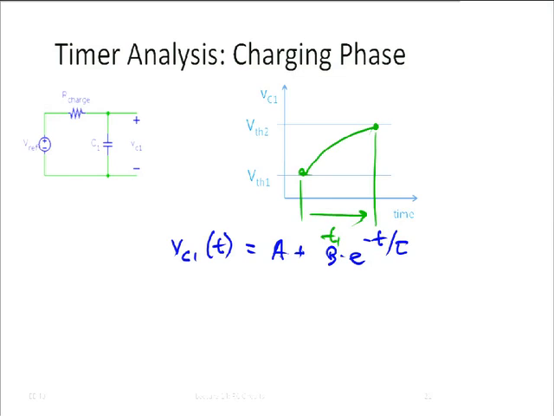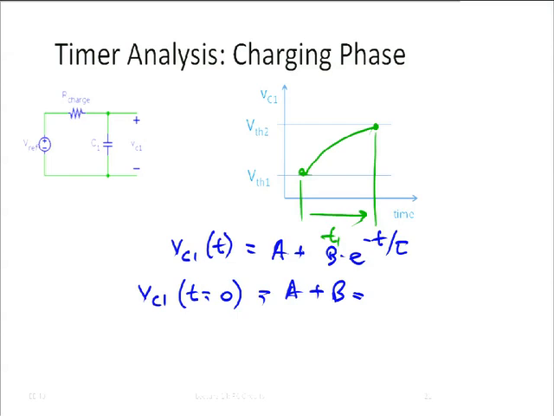So what are the conditions that we have to meet? For example, VC1 of t equals 0 is equal to a plus, what's e to the minus t over tau? 1, right? So a plus b, and what should that be? Where do we start?